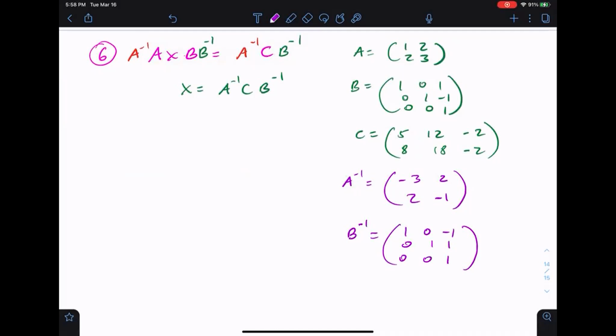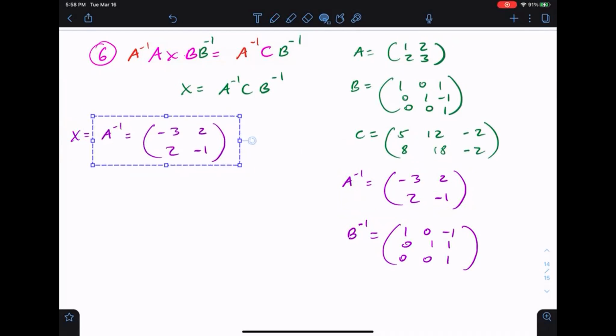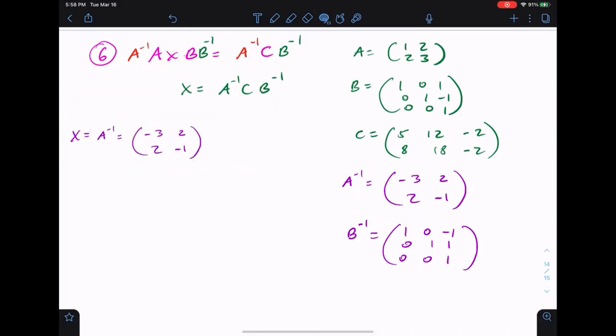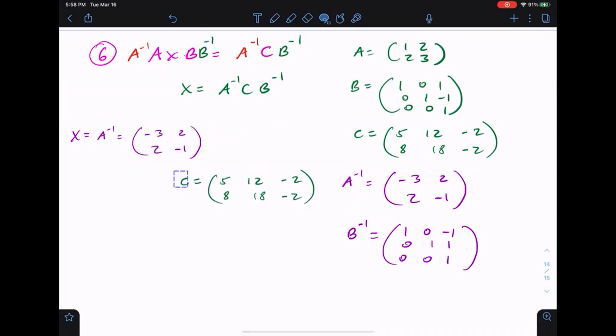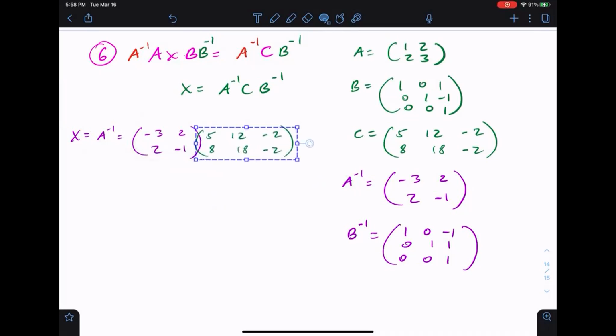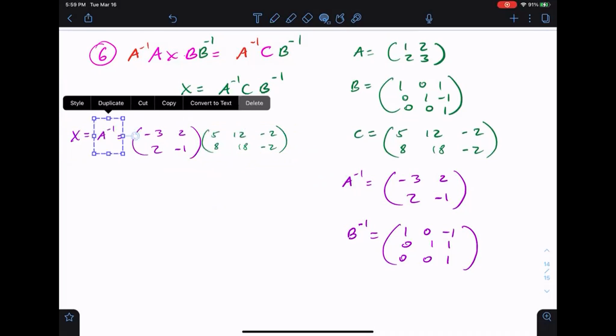So let's do the computation now. So X equals A inverse. So that's right here. And C is right here. Well, I shouldn't put C, I just need to put this one. So this thing here, we make this smaller, because we don't put A inverse, I don't need that.